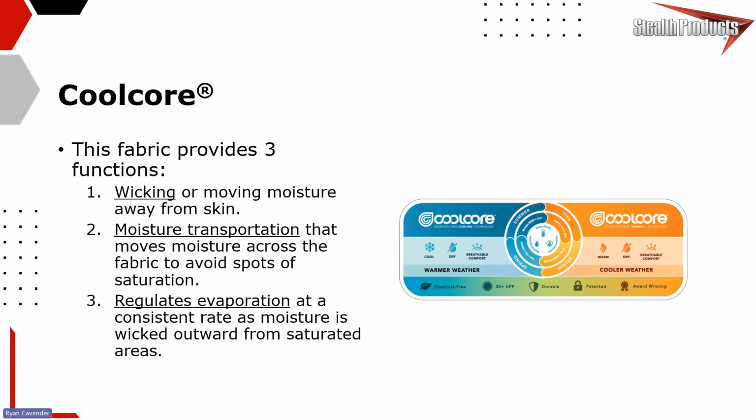If we don't have airflow in there, they're going to have an increase of sweat and heat buildup where they're contacting that system, which leads to the breakdown of that top layer of skin, fungal, bacterial issues, things like that. Those are what we're trying to prevent. You all know that. So if we keep the moisture away from them, avoid the saturation, control the rate of evaporation a little bit better, and keep them cooler and drier, we reduce all the risk of wound development in the first place.